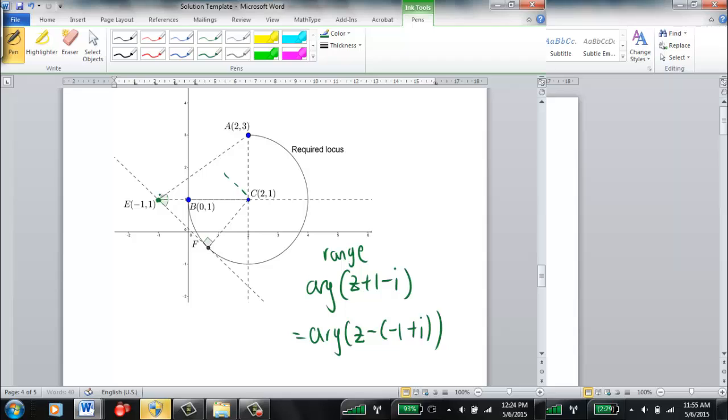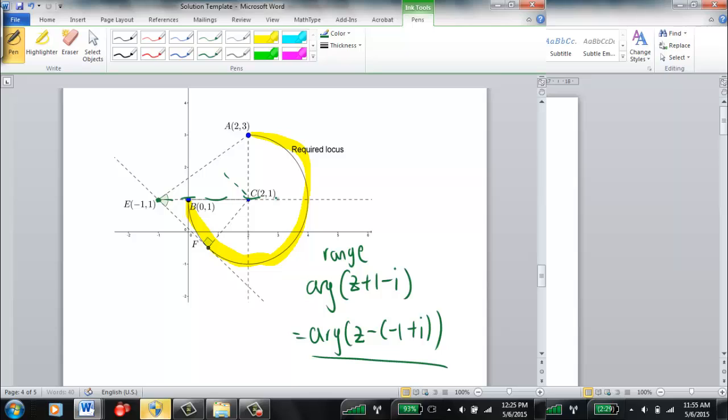This is the range. So z means where your complex number is, which is your locus. This is where it's operating. Find me the greatest and the least value of that. So what happens is that when you have argument, you must first draw the positive real axis. Right?